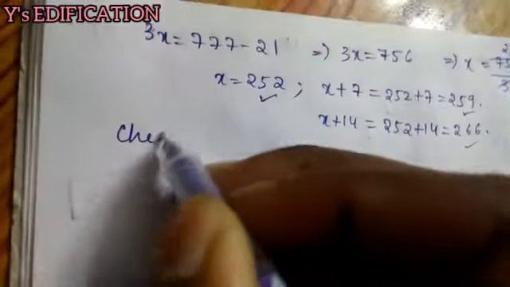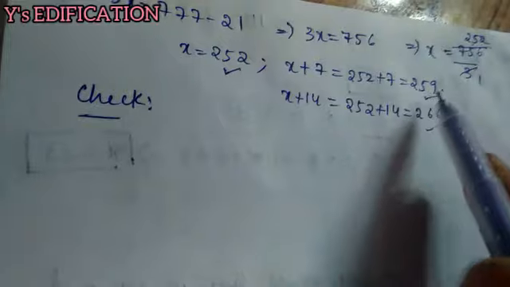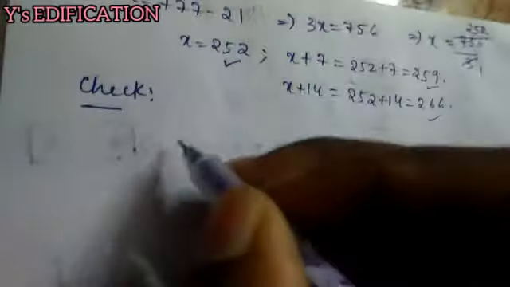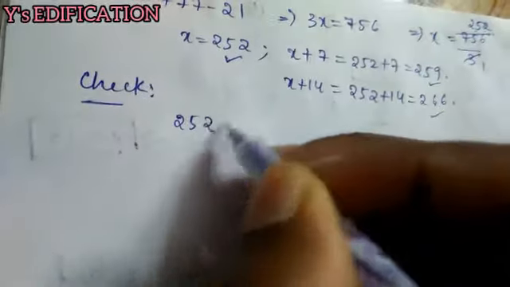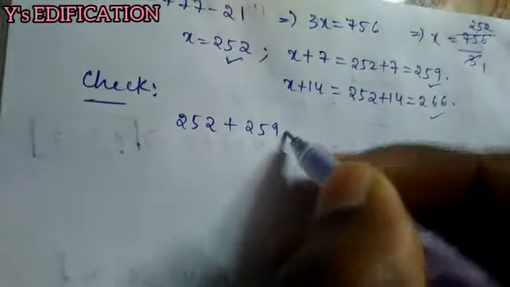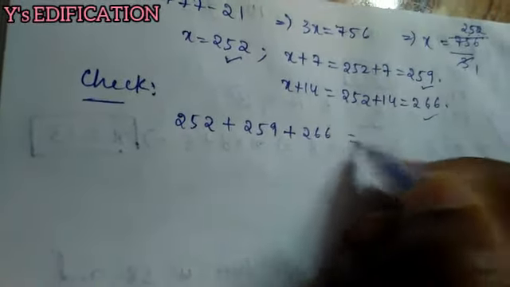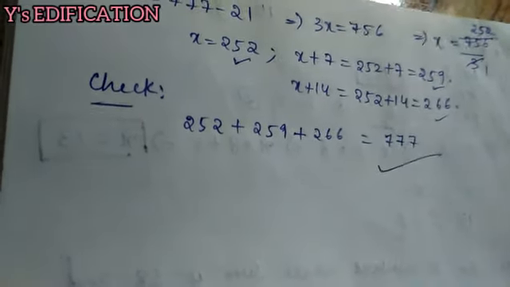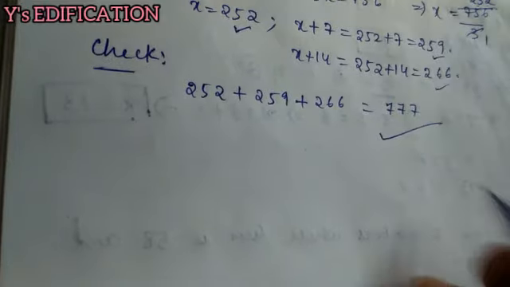Okay, now what we have to do? We have to check whether these answers are right or wrong. When we add all these three numbers, we have to get 777 as the result. So add those numbers 252, 259 and 266. We will get 777 as the final result. So our answer is correct.